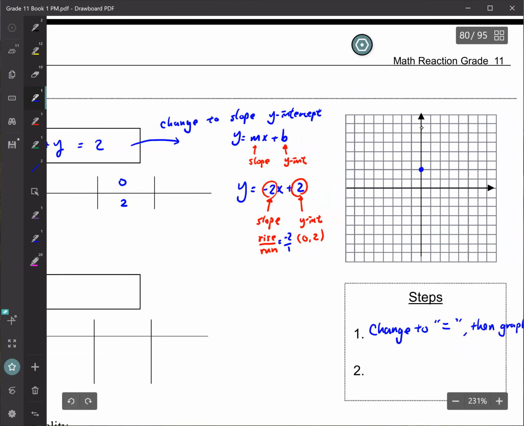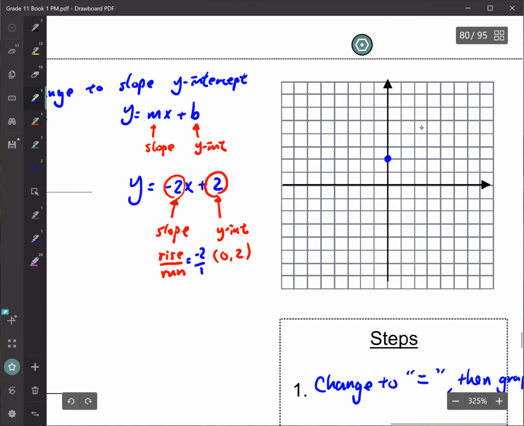You can go from the point that you have, down 2, right 1, so you get 1 point. Down 2, right 1, you get another point. So that's one way to draw the graph. You can use slope and y-intercept, then you get all the points. Or you can use a table.